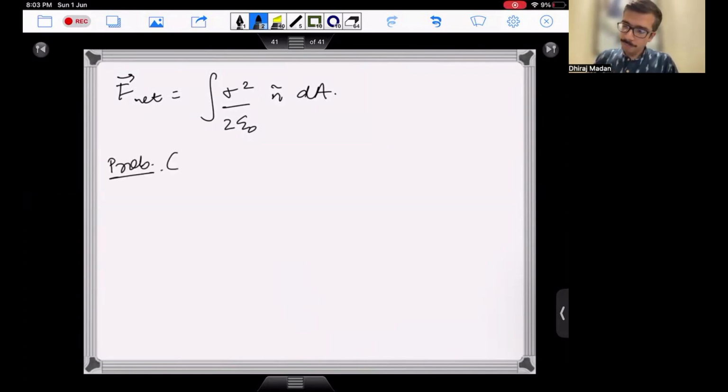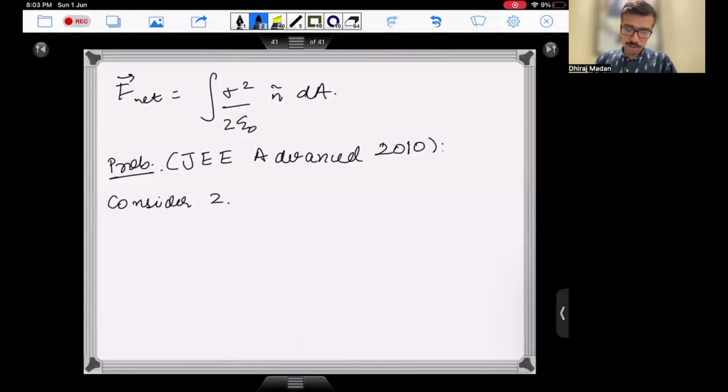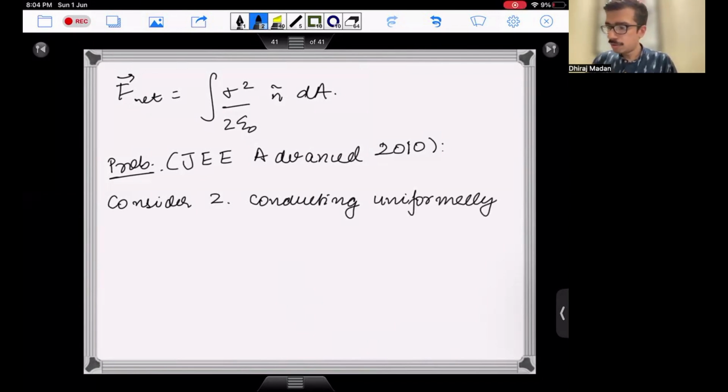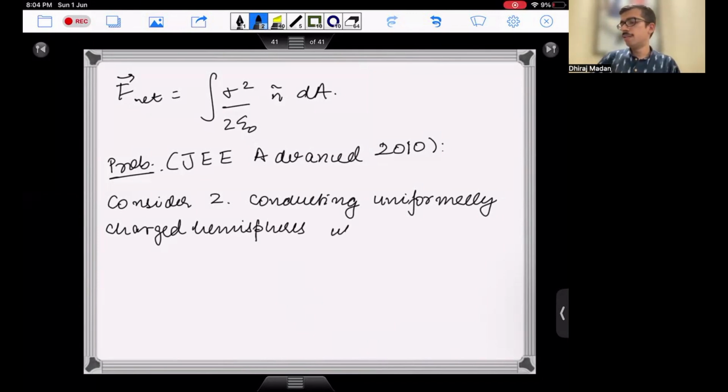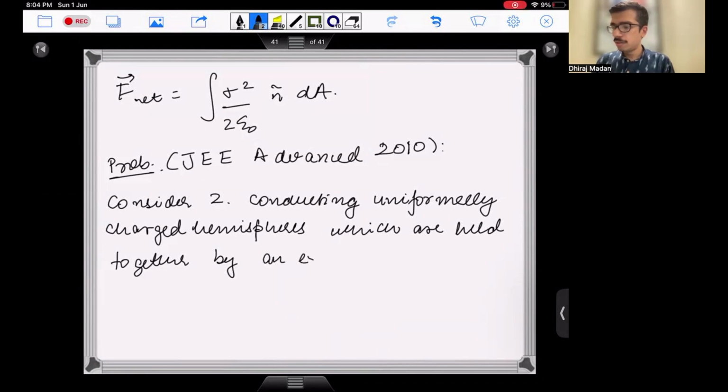So let me do this problem. So consider two conducting uniformly charged hemispheres which are held together by an external force F in equilibrium.